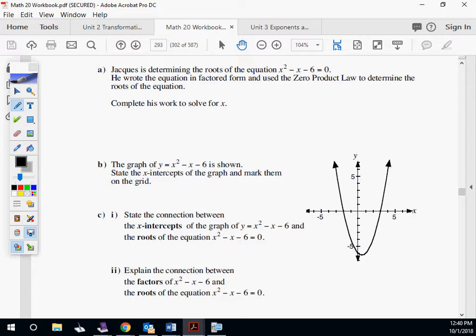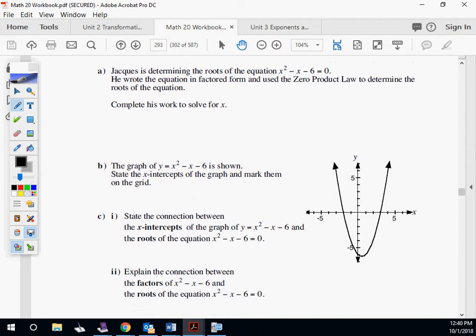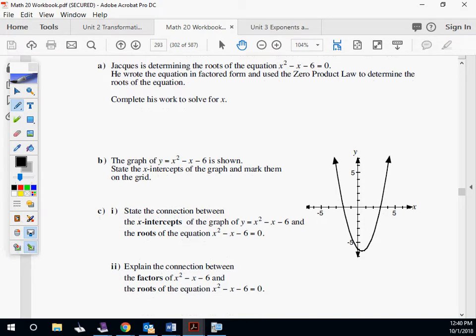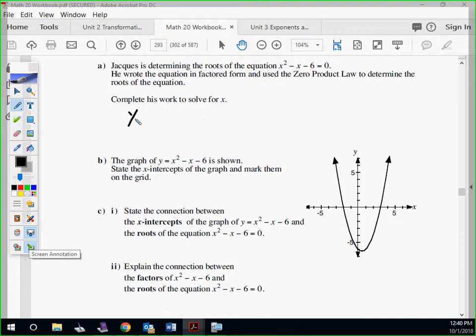Complete his work. If I'm doing the zero product law, that was on your last test. It was x minus 3, x plus 2 for this one to be factored. So that means my answers are 3 and negative 2. Then for B, if we look at the graph, is that confirmed?